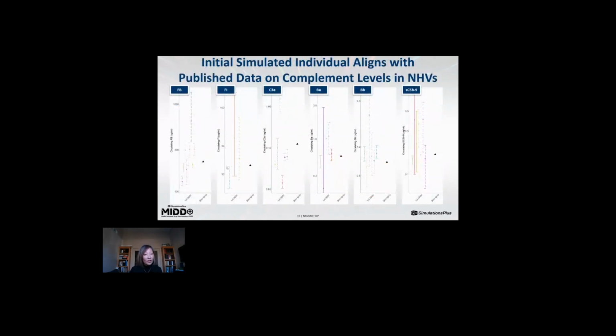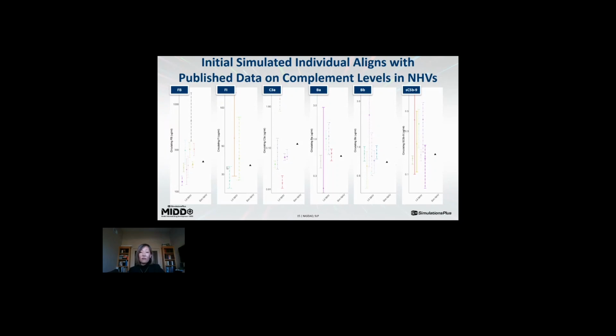So what we're looking at is a handful of analytes here. This is not all of the analytes that we do comparisons for, but for the purposes of space, I'm only showing 6 here. Basically, we've done a pretty robust evaluation of the publicly available literature and pulled out data for, say, on the far left, factor B levels in normal healthy volunteers.